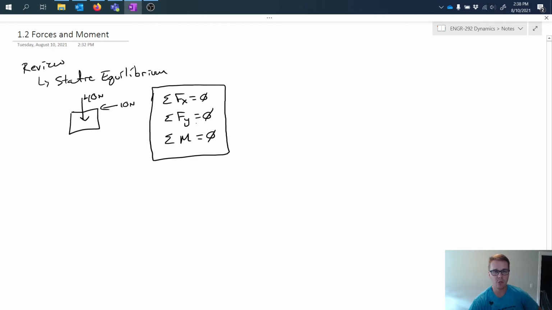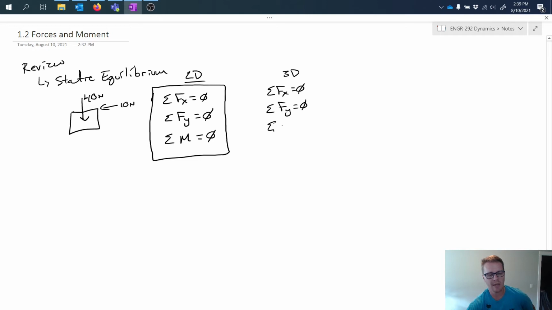Note that we only have two because I've simplified this problem as a planar problem, meaning I'm only working with 3 degrees of freedom, which is up and down motion, left to right motion, and rotation. And if I were to expand this, so let's just label this 2D, if I were to expand this to 3 dimensions, then I would need to retain my summation of forces in the x and summation of forces in the y.